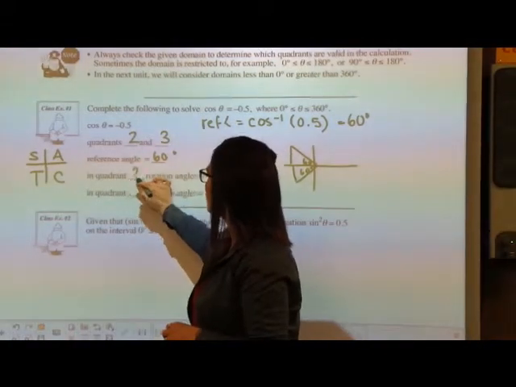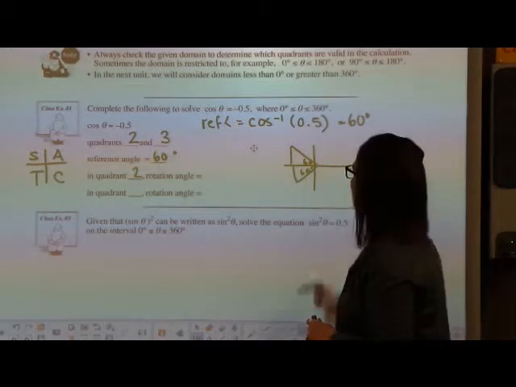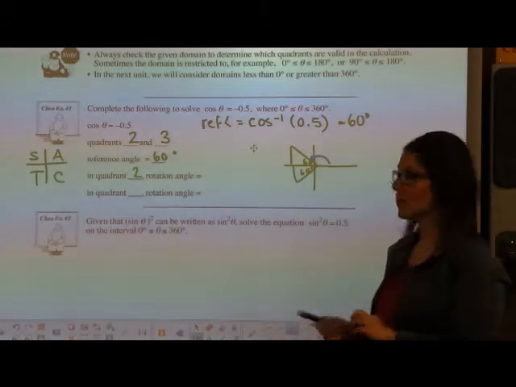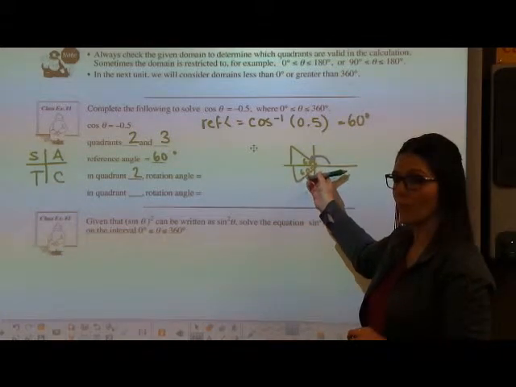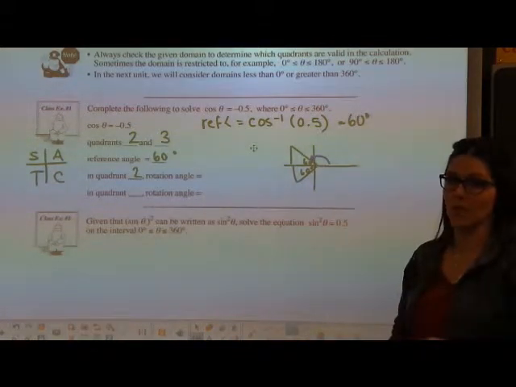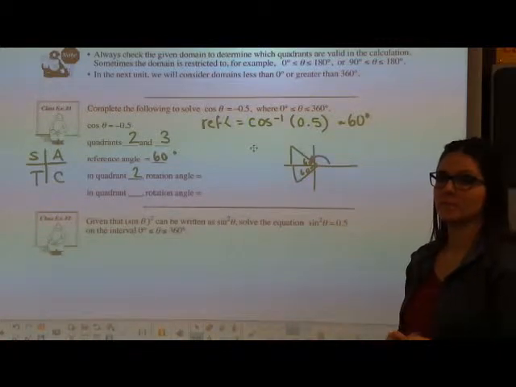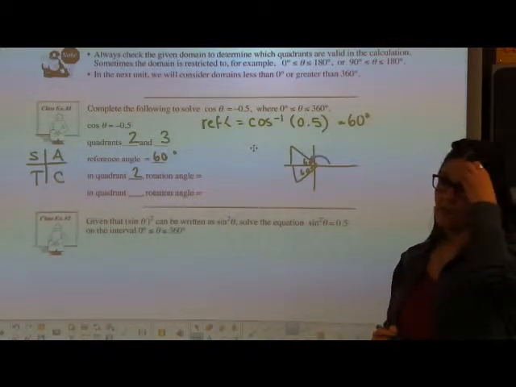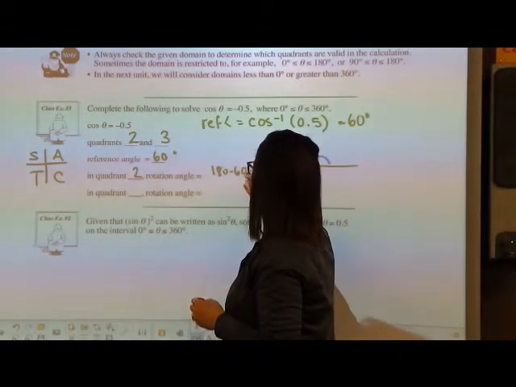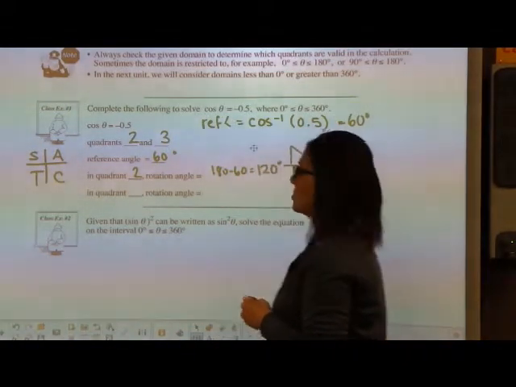So in quadrant 2, what would my rotational angle be? My rotational angle is the one from the initial arm to that point. 120 degrees. And how did you get 120? 180 minus 60, 120 degrees.